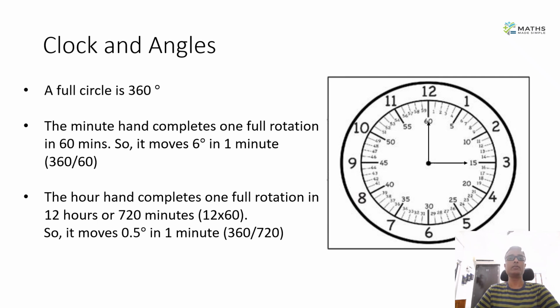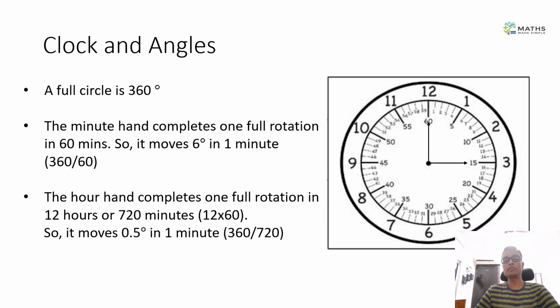Let's now get into a rather interesting topic of clock and angles. We have already studied that when an angle makes a complete rotation, it completes 360 degrees. Now we know that the minute hand of the clock completes one full rotation in 60 minutes.